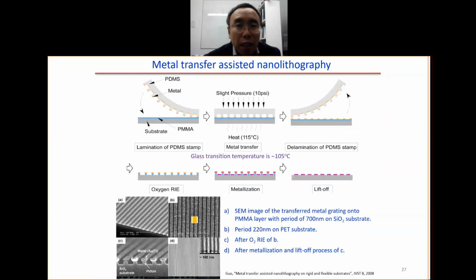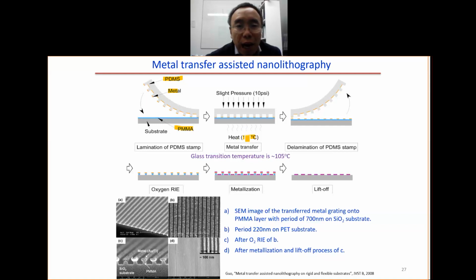Here is another example of the metal transfer assisted non-lithography transfer printing. In this case, we transfer the pattern from the mold onto the substrate. First you make the PDMS mold, then you evaporate metal onto the PDMS mold. On the substrate, you have a layer of PMA. Then you heat up to 115 degrees.